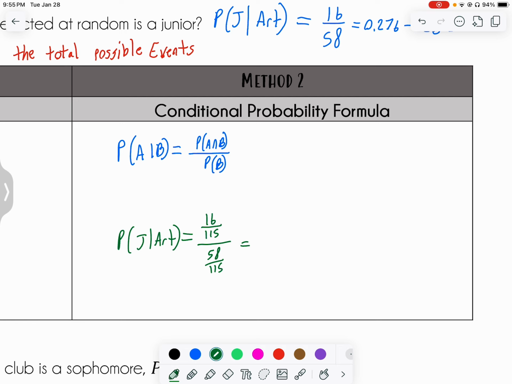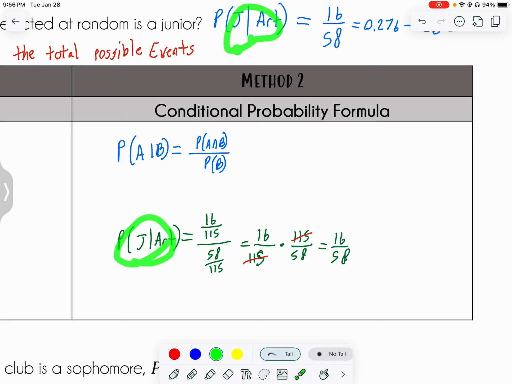This becomes, because it's a complex fraction, 16 out of 115 times 115 out of 58. Notice what cancels out here. The 115 and the 115 in the numerator and denominator cancel out, and that produces 16 out of 58. These are the exact same probabilities.